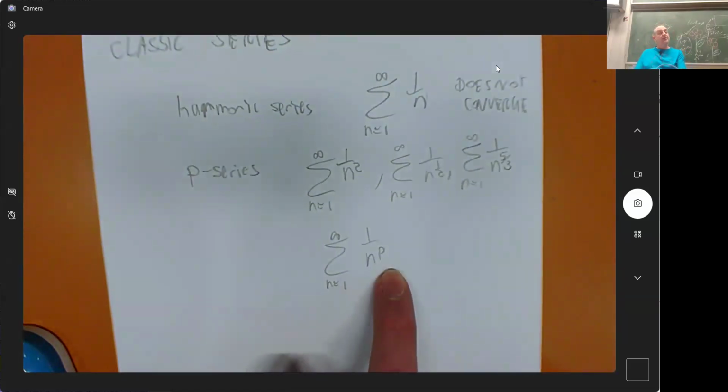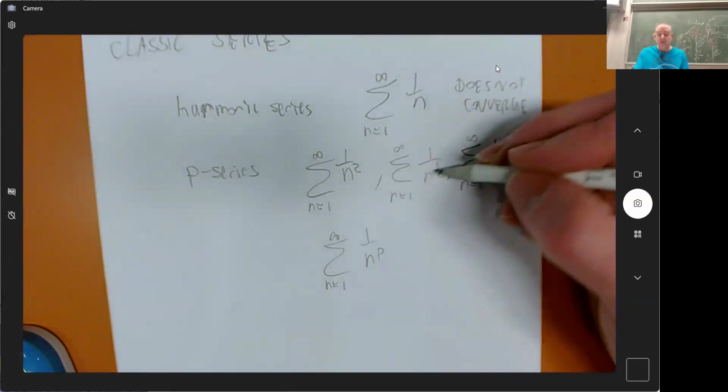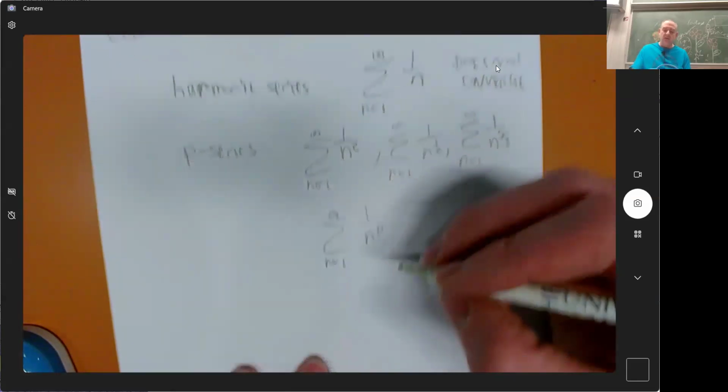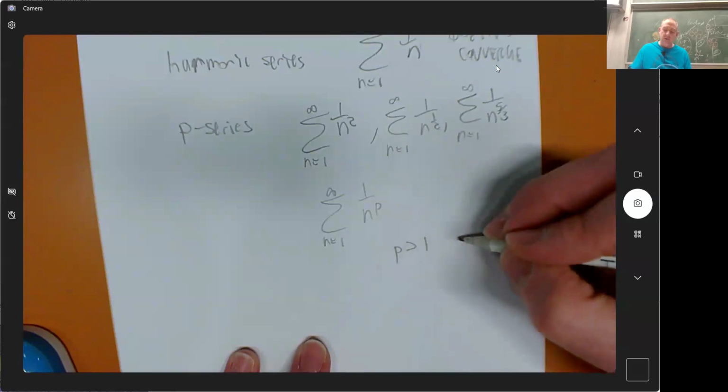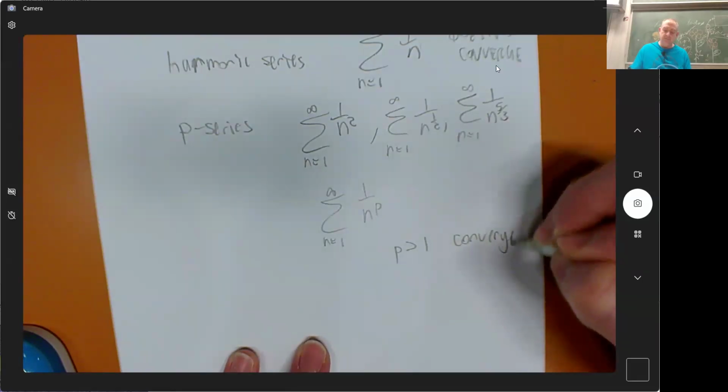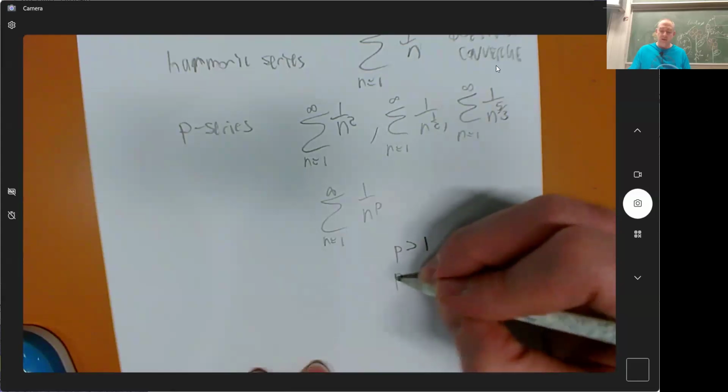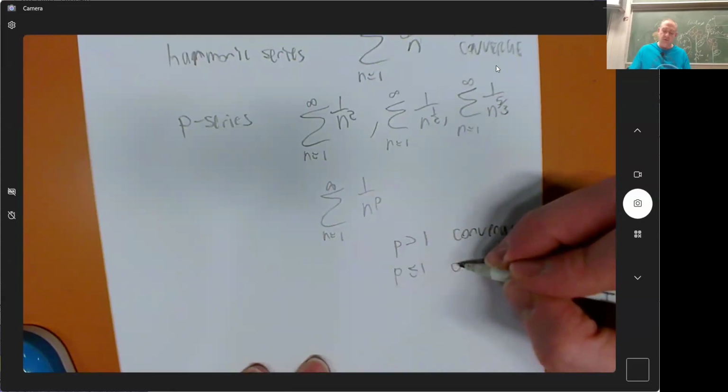If you have something that looks like that, with a specific number for p, then if p is more than 1, it will converge. And if p is less than or equal to 1, it will not converge.